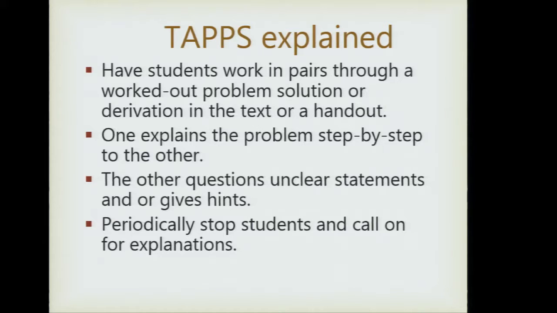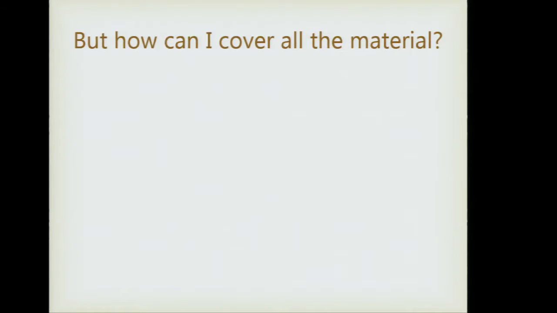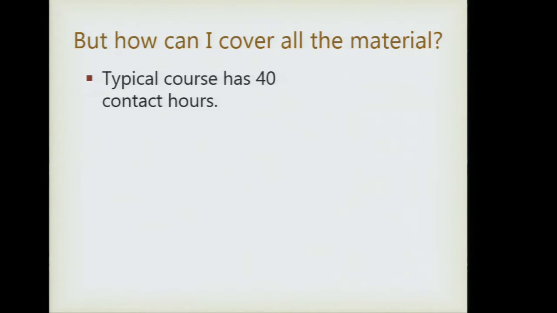Oftentimes, as you're wandering around, you'll see that everybody seems to be hung up on the third step. Why is that? And so you can go up to the board and say, hey, look, this third step, now here's a little bit of insight into why that's actually occurring. If you want to, once they're done, they can reverse the roles, and that really reinforces.